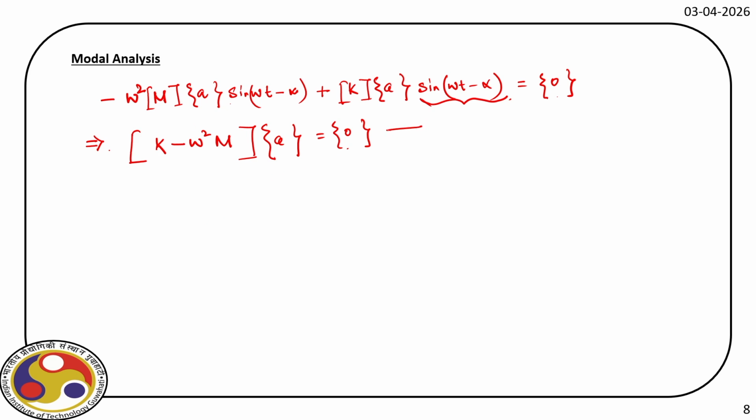Now, if that is the case, we get this as an eigenvalue problem. So this omega square is the eigenvalues.